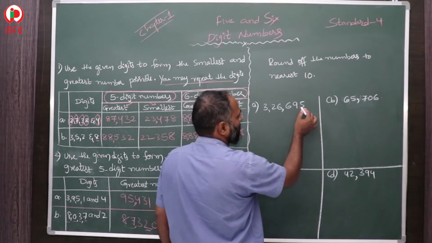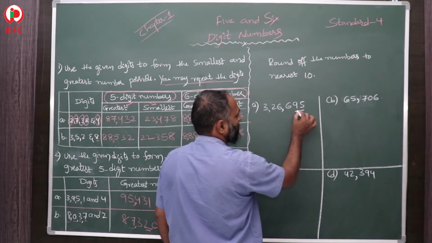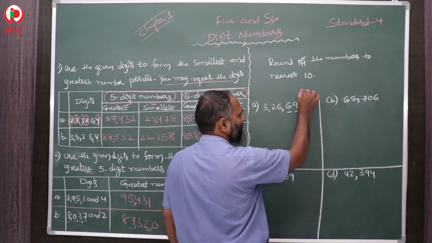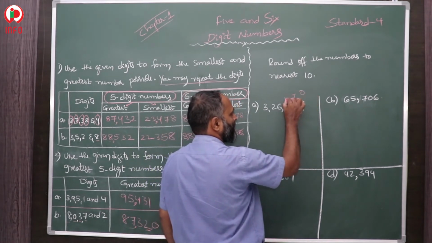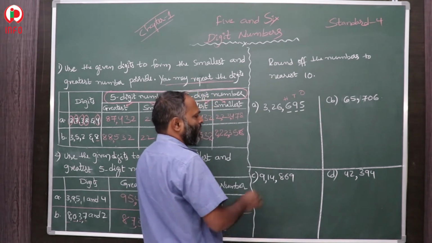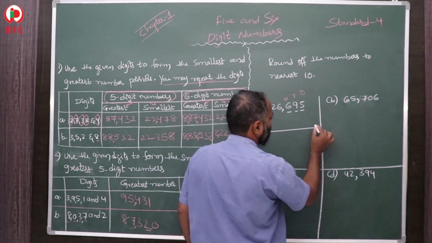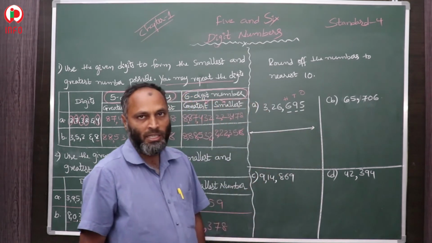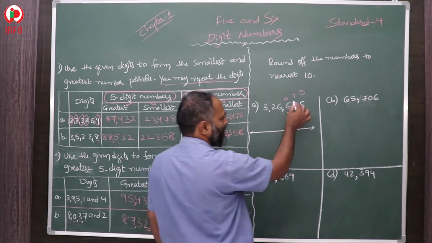For nearest tens, this is the ones place, this is the tens place, this is the hundreds place. Then you draw a line. For nearest tens, we take these three digits.